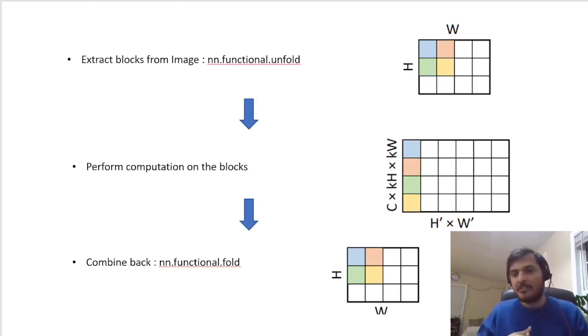Matrix operations like matrix multiplication and vector addition can be done very efficiently. So if I can somehow cast the convolution operation as a matrix multiplication or a vector operation, that would make it more efficient. And that's what the fold and unfold operations do.